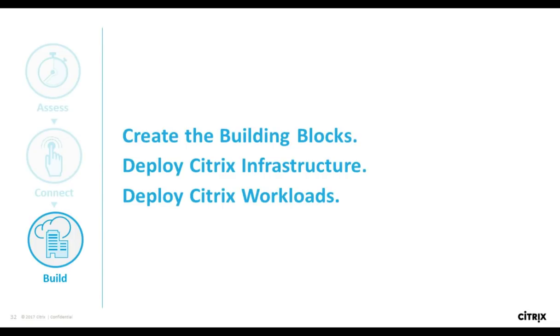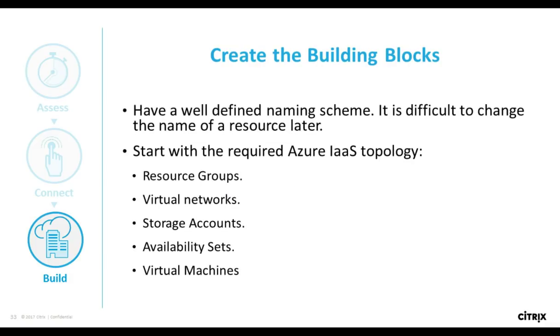So the next piece, now that you've assessed your requirements, you understand your initial business goals and how it applies to costs, and you've gone through those governance conversations regarding subscriptions and understanding how resources are consumed and certain constraints there, gets into creating those building blocks and setting up that public cloud IaaS infrastructure to then deploy your Citrix infrastructure as well as your Citrix workloads.